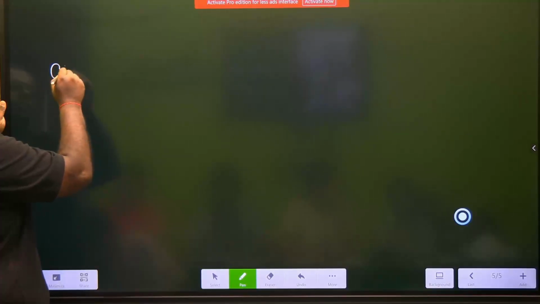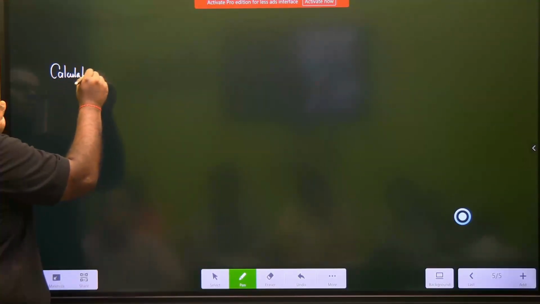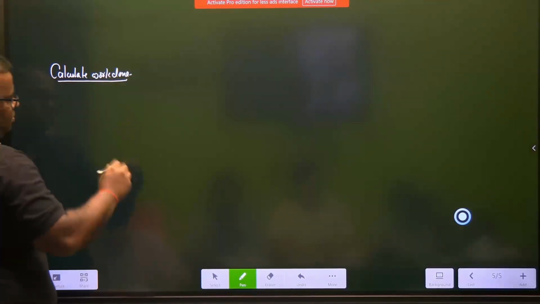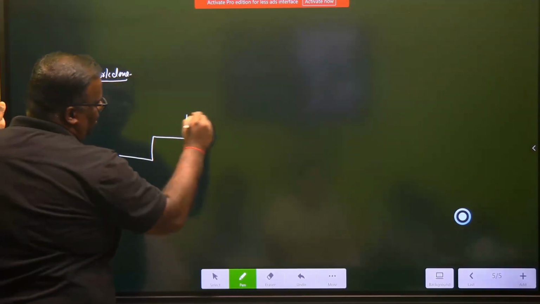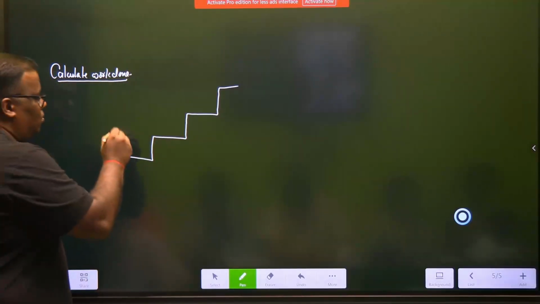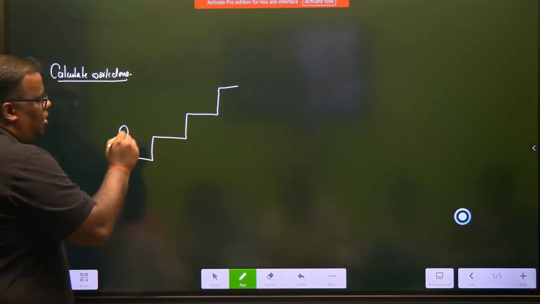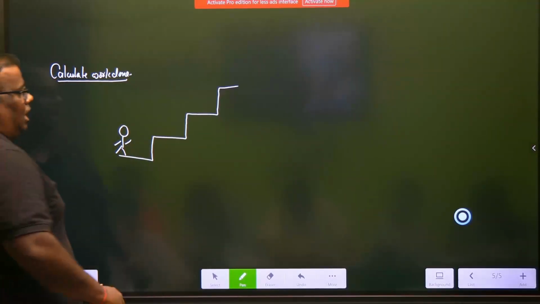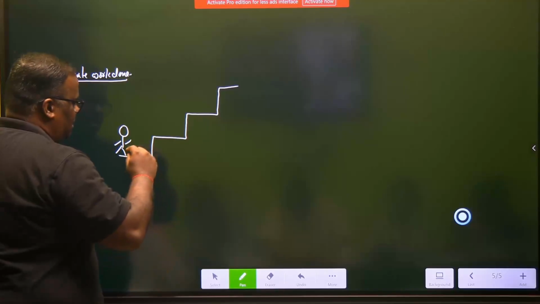So calculate work done. Okay. So let's see this problem. We have a person who is climbing steps, right?